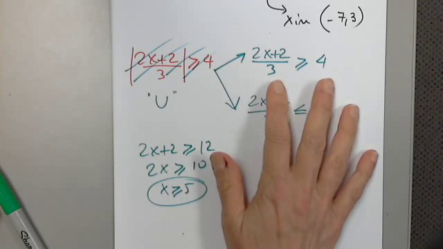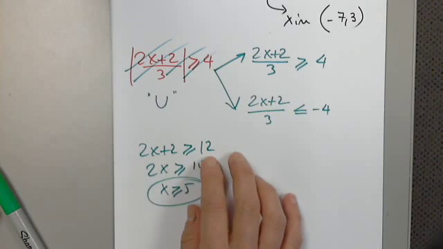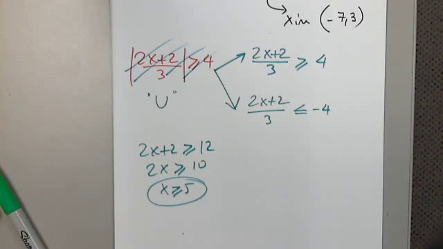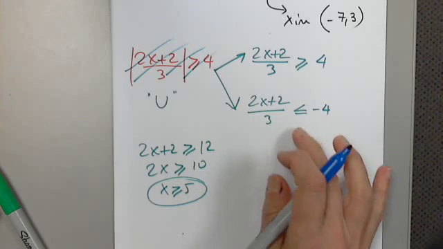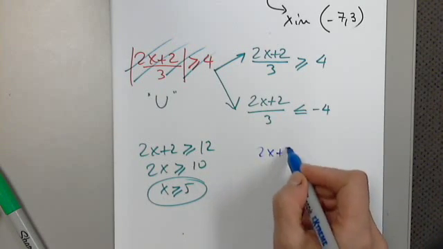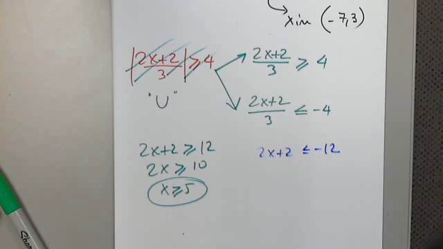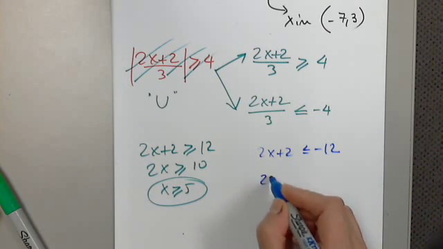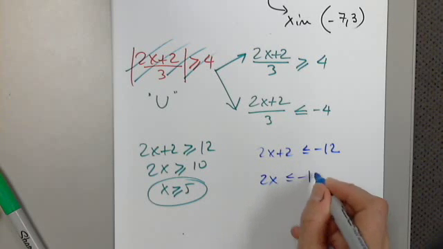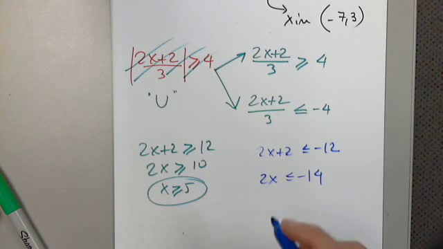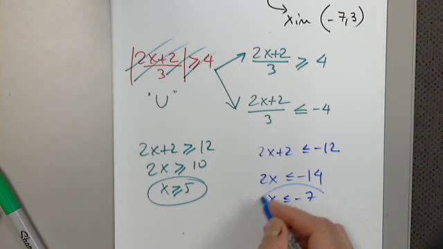Agreed? Okay, so then I have to solve this one. So 2x plus 2 less than or equal to negative 12. Same procedure, multiply both sides by 3, and then subtract 2, which is negative 14, and divide by 2, which is negative 7.